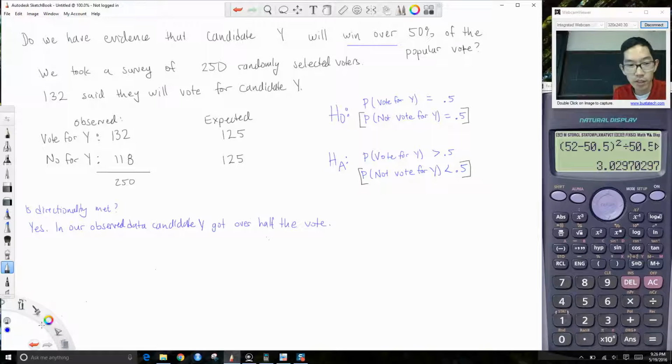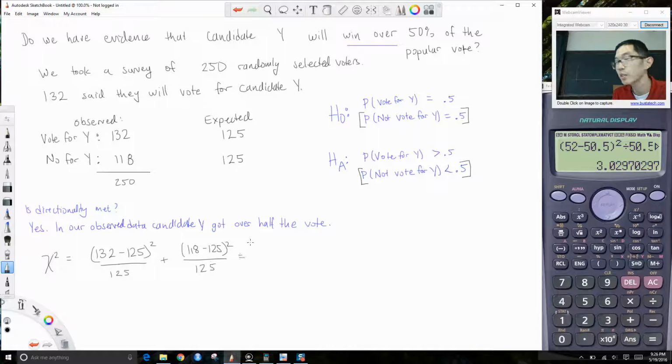And so we can continue on with the test, and so we have a chi-squared test, and this is going to have observed minus expected, so we're getting 132 minus 125 squared over 125, plus 118 minus 125 squared over 125.